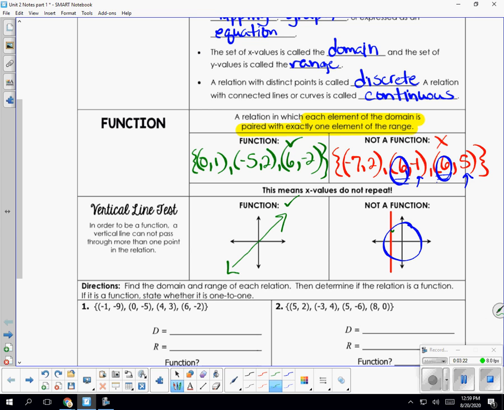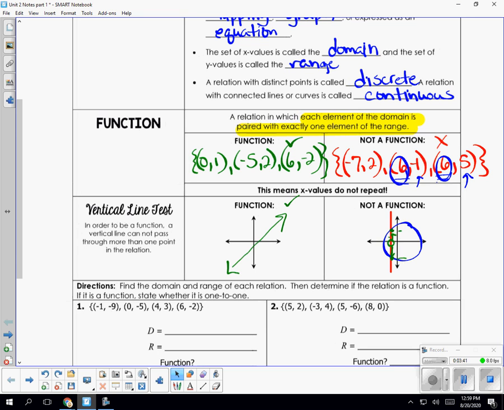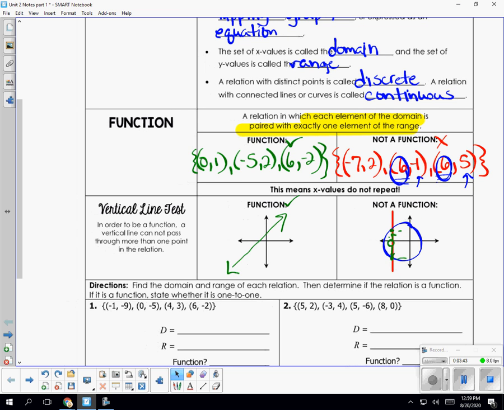So if we look here and here, that means this x value has the output of that y value, and it has the output of that y value. So that input value has two different output values. That's how we use the vertical line test to determine whether or not something is a function. And as we can see, this one is not a function.